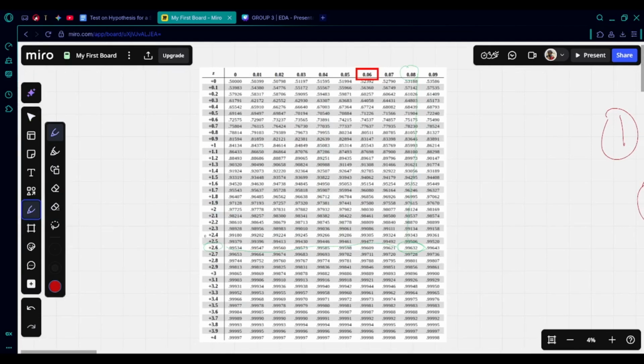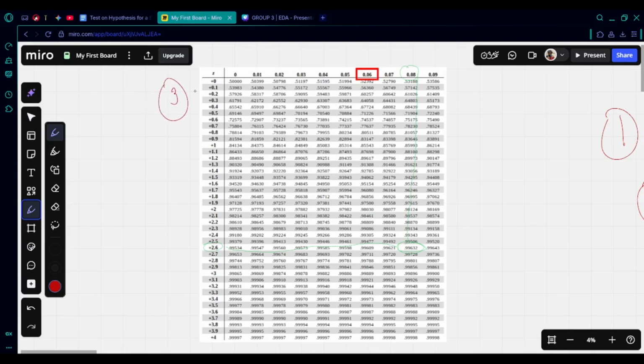Since we have a value of 2.68, so 2.6 and 0.08, and the cross-section or the value where they meet, which we have 0.99632, that is part of our step 3, this one.